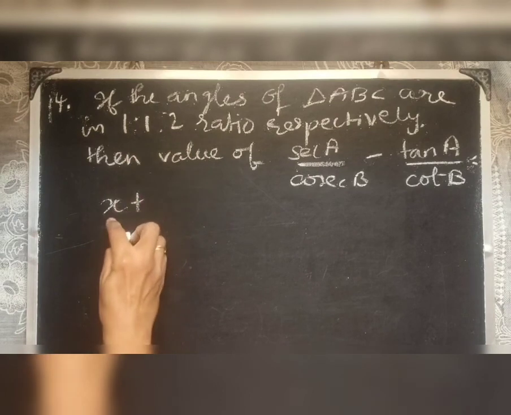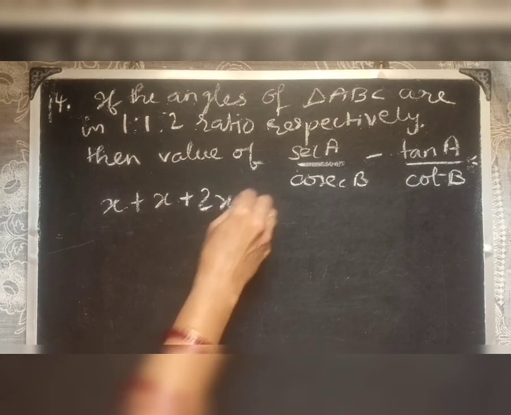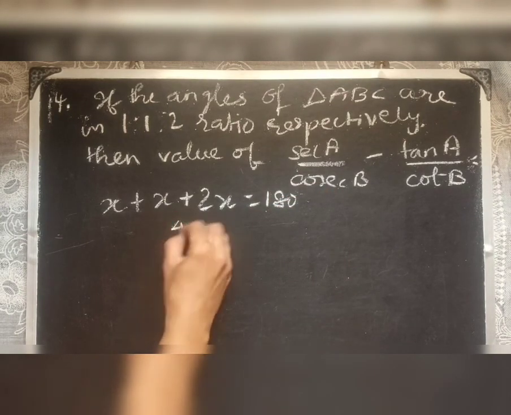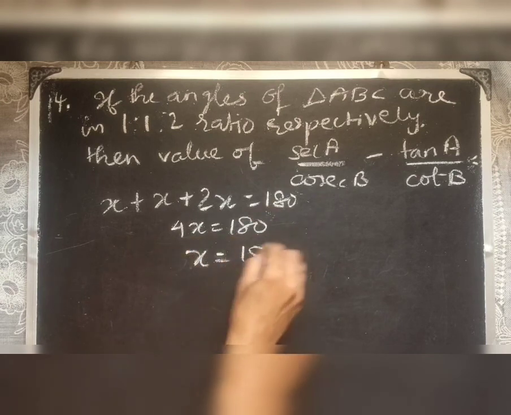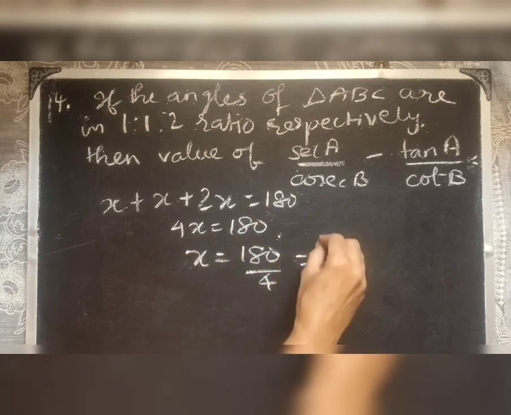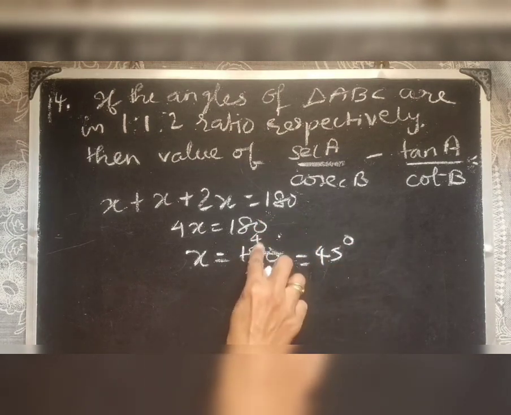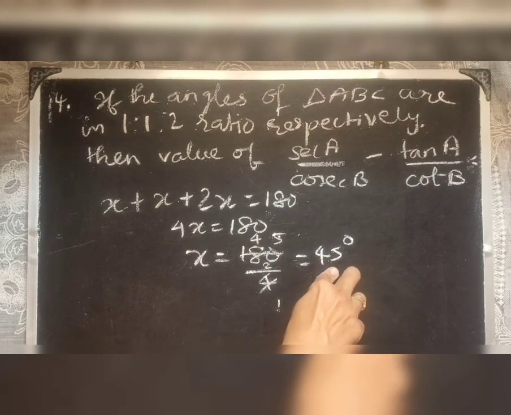So if we take any integer x, then x plus x plus 2x is equal to 180 degrees. As a result, we have 4x equal to 180 degrees, which means x is equal to 180 degrees by 4, which comes to 45 degrees, because 4 ones are 4, 4 4s are 16, so 2 is the remainder, 4 5s are 20.